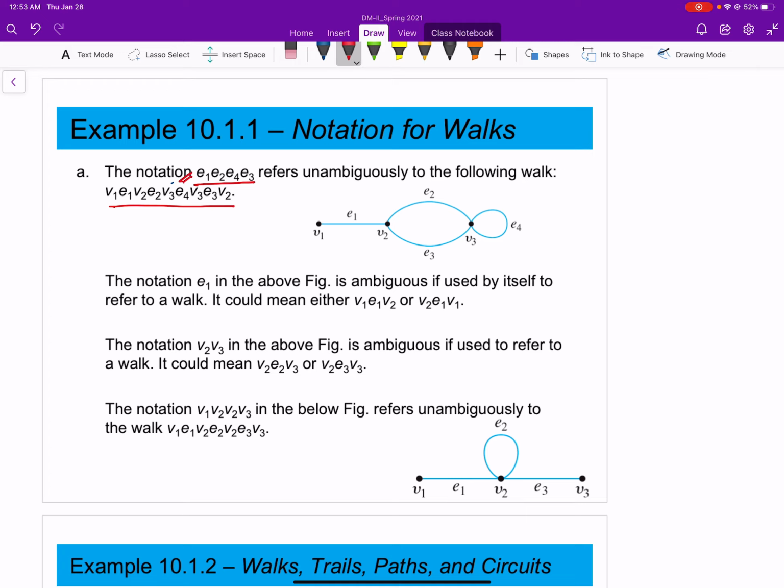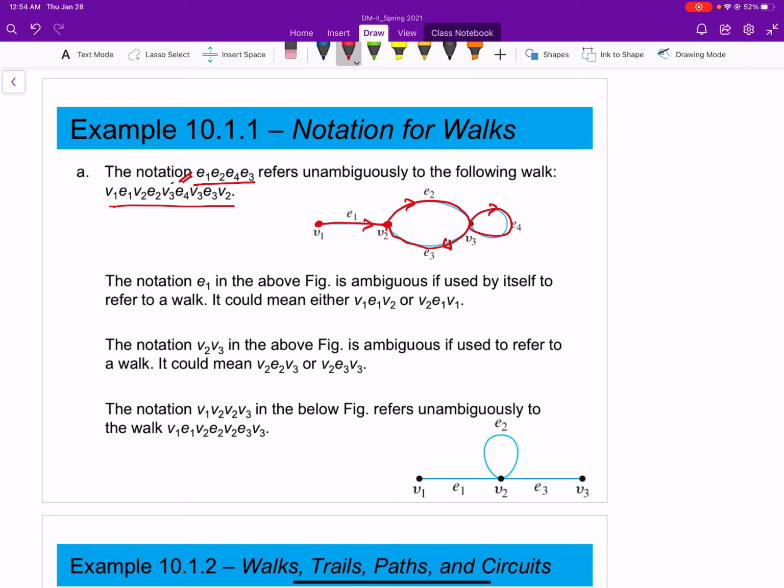E1, E2, that means E1, E2, E4, and E3. Right, go like that. Starting from here, end at that.